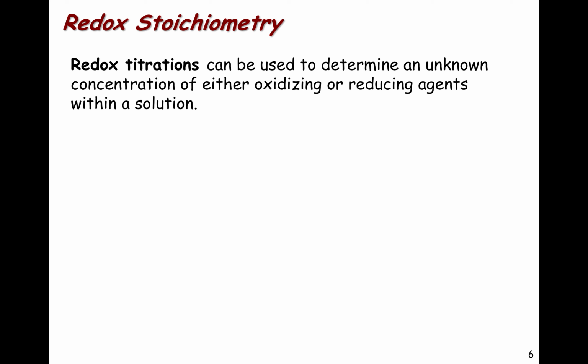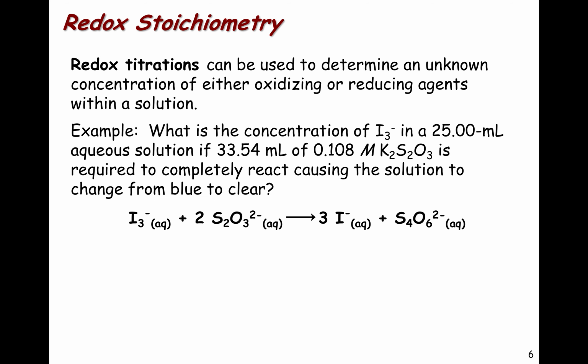In order to do various quantitative calculations involving redox reactions, we can use these to do things like titrations. And so we need to know something about the overall balanced redox reaction.